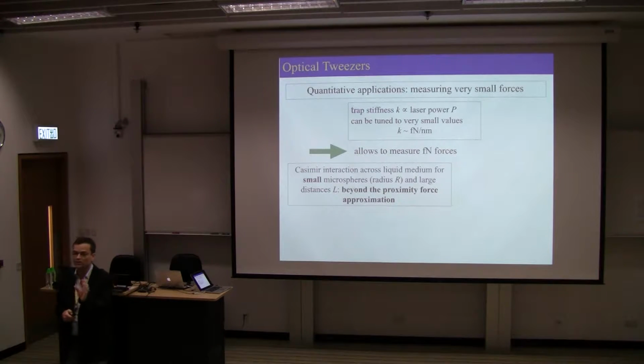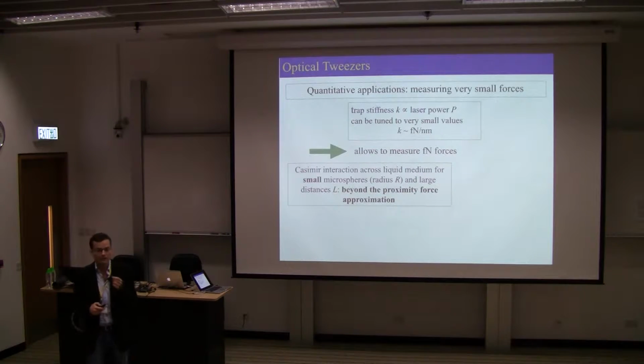That has a fixed stiffness. And I can have a very weak power and have a very small stiffness. For instance, in the experiments I'm going to show you, the stiffness is of the order of a femtonewton per nanometer, which means that I can measure femtonewton forces if I'm going to measure nanometer displacements, right? So it allows to measure femtonewton forces. This is the main advantage of optical tweezers.